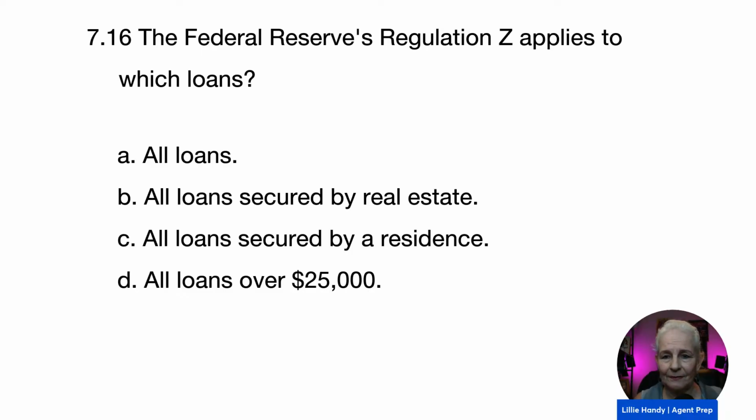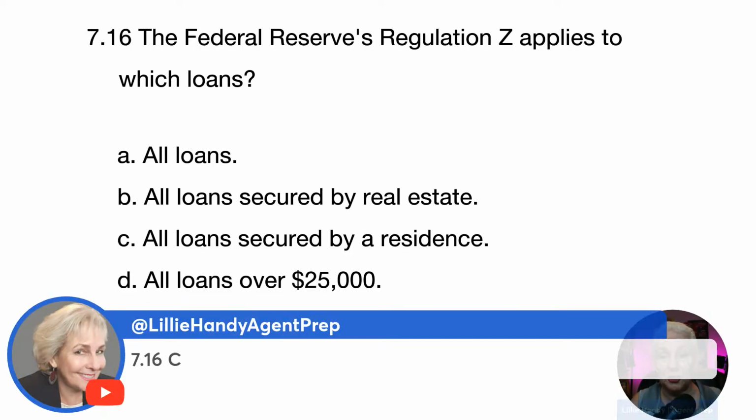So the answer here is C. Not all loans. There are commercial loans. It doesn't apply to that. It doesn't apply to other types of loans. So yes, good. I'm glad you changed it, Max. So it applies to all loans secured by real estate.